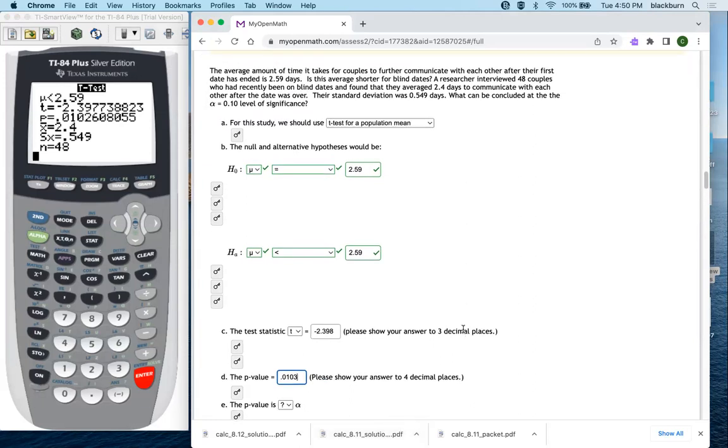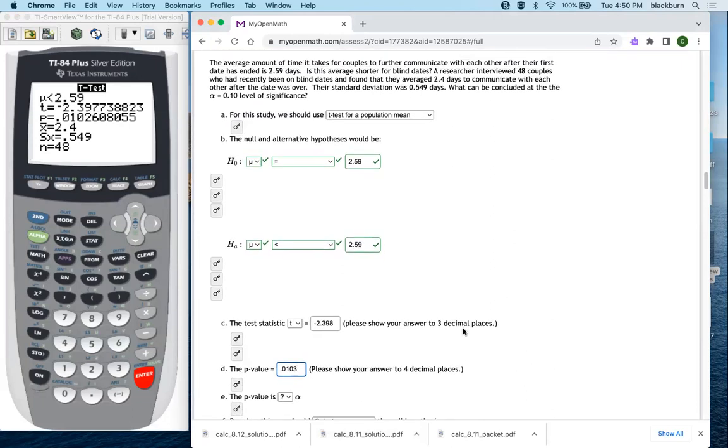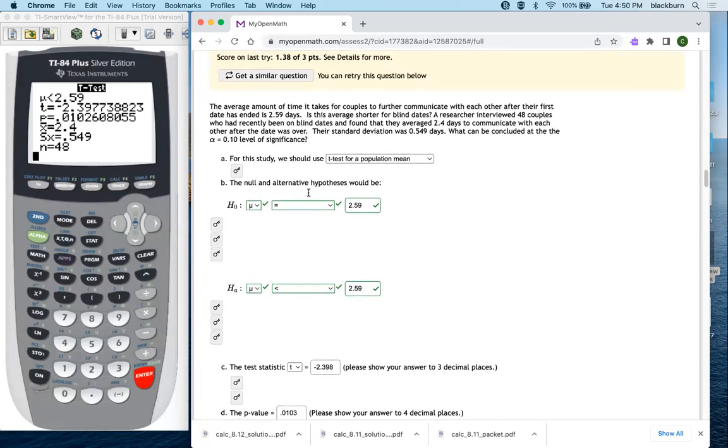And we want a level of significance of 0.10. Oh, good, we got a less than this time. So the p-value is less than the 0.1, the alpha. So that means, the p-value being less than that, we're gonna reject the initial hypothesis then. We're gonna reject mu is equal to 2.59.